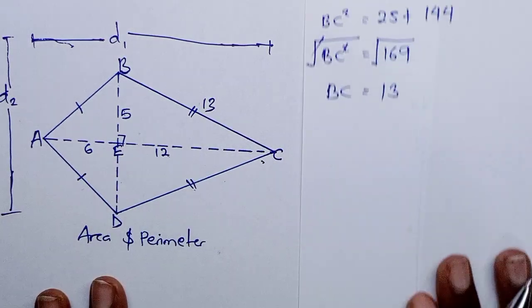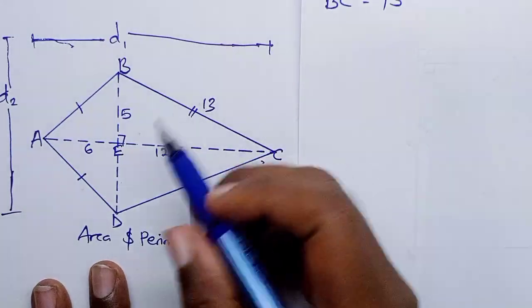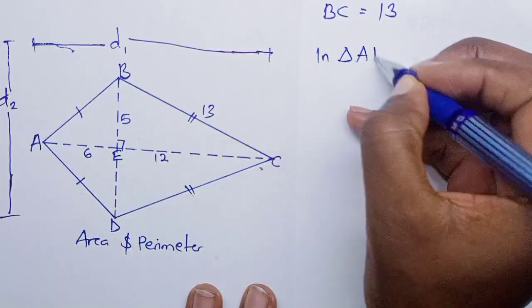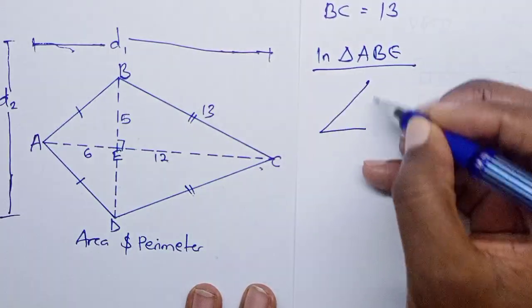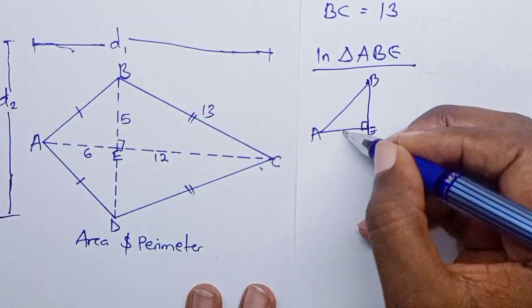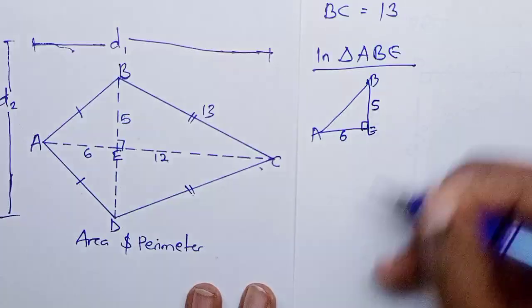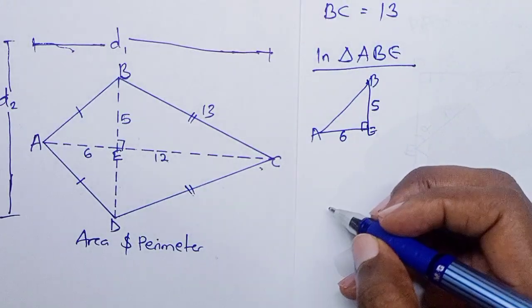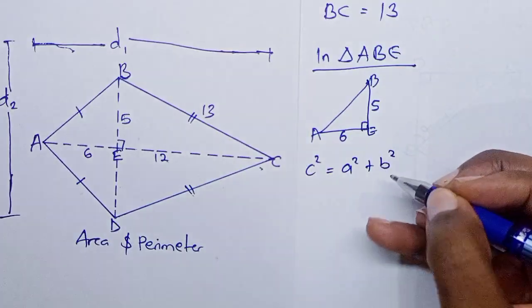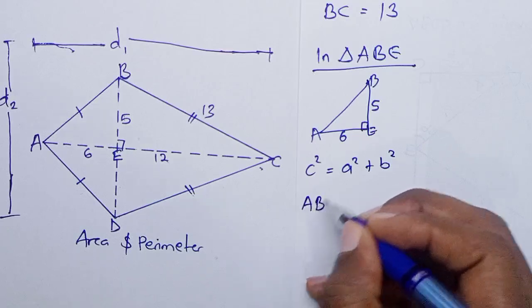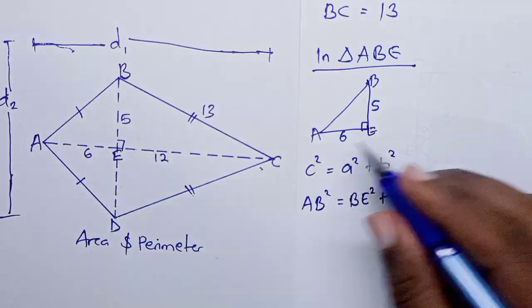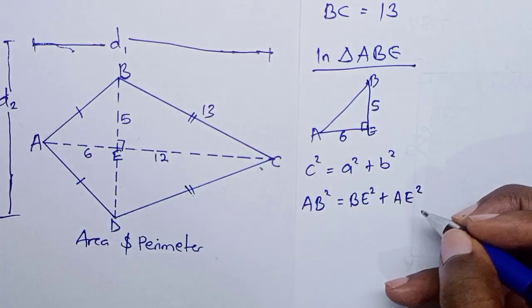Now let's consider this triangle here, ABE. In triangle ABE, it's also a right angled triangle where this side is 6, this side is 5. So using the Pythagorean theorem as well, c squared is equal to a squared plus b squared. AB squared is equal to BE squared plus AE squared.